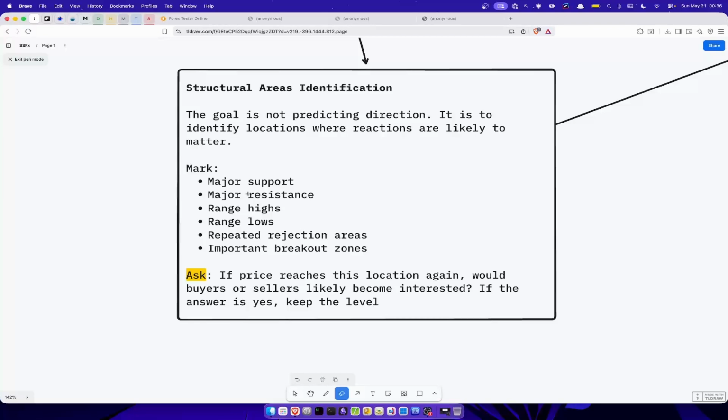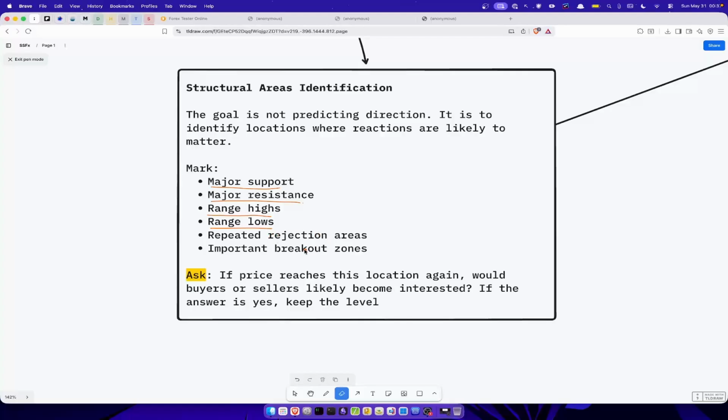So, as we did on the hourly time frame, we essentially marked the major support zones. We marked the major resistance, or rather we just selected one for the purposes of this example, and these are mostly range highs and range lows, but over time, as you practice this, you'll get better at determining where the market is likely to react.